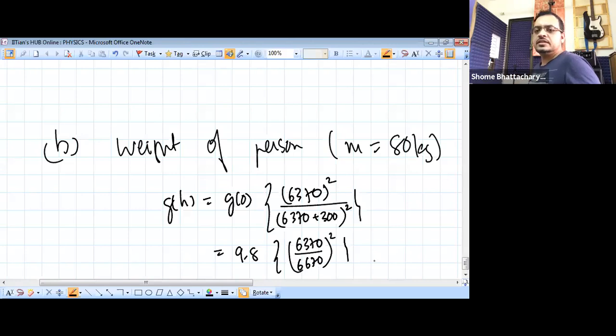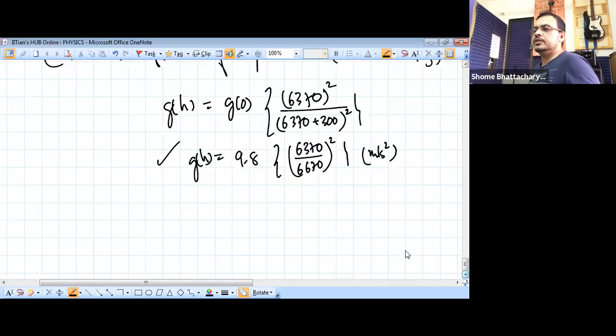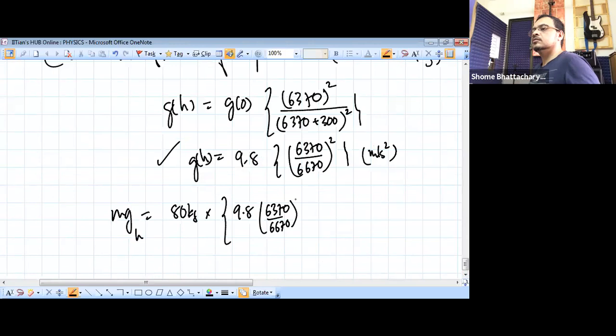This is a very tricky calculation, but you have to actually do this. I'm coming back to that in a moment. Once you get that, you will get the weight of the person at that height h. It will become 80 kilograms multiplied by this factor. This will be the exact value of the weight at height in newtons.